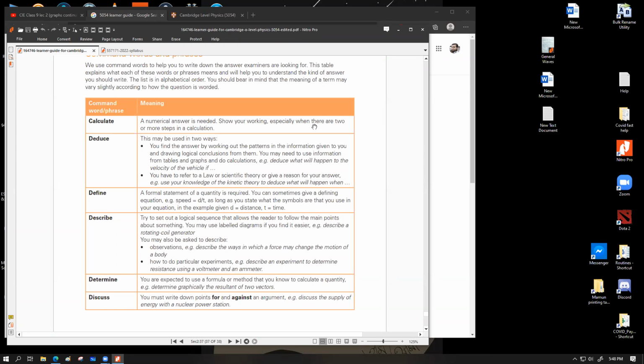For example, let's say in a certain question you are given, imagine a question is stated like this. I'm saying the question slowly, so try to absorb the information. An object is pushed by two forces.